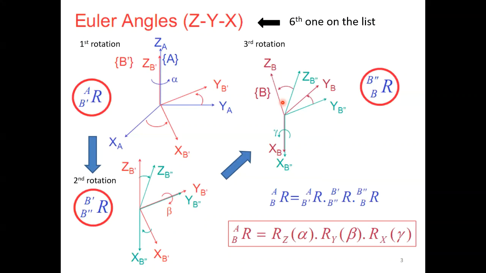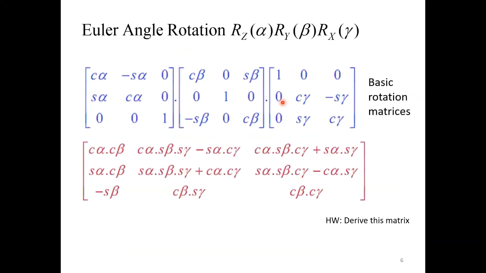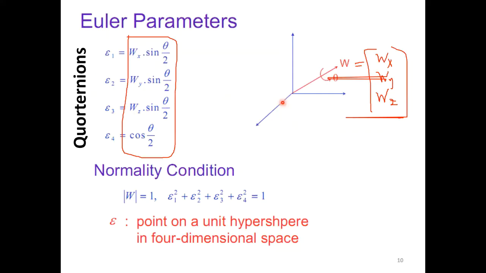Okay, just one rotation around a certain axis. So that is what is called the axis of rotation and then the angle of rotation. So you can actually relate any 2 coordinate frames using Euler parameters like that, right? Euler parameters have Wx, Wy, Wz, 3 components of the unit vector, and then the angle of rotation, that is theta.